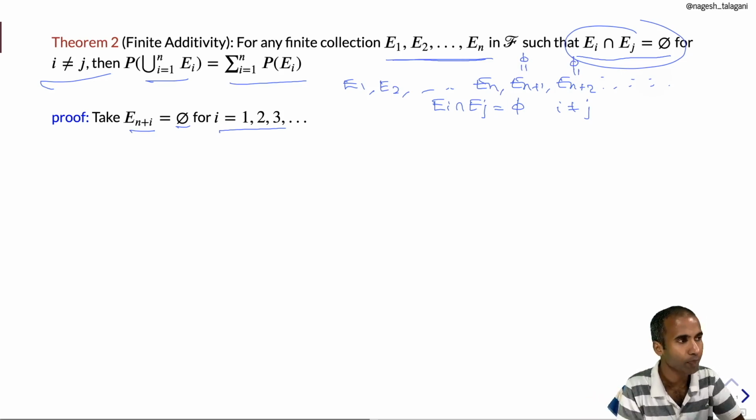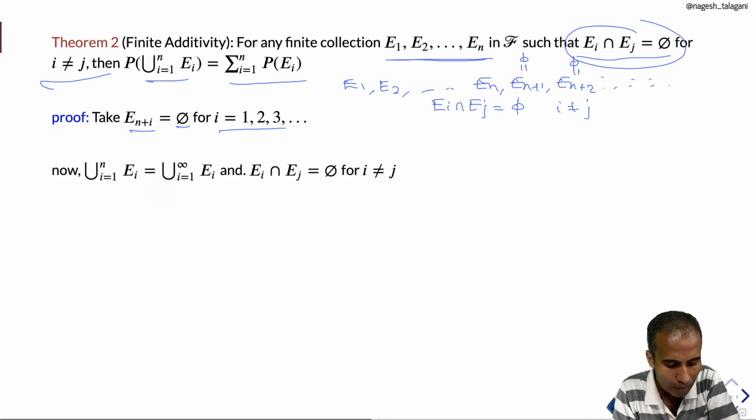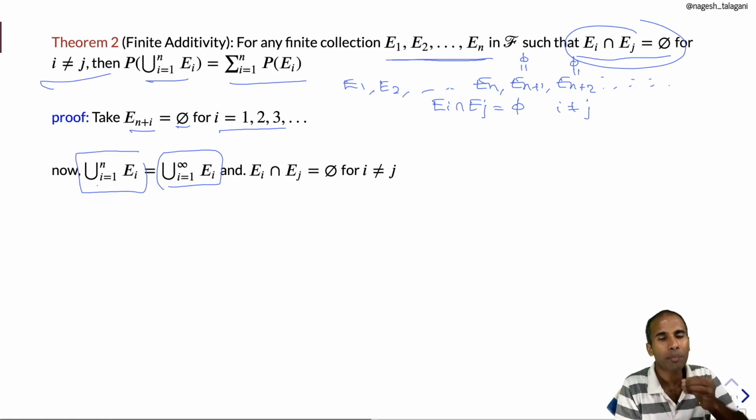Now this countable union i equal to 1 to infinity of Ei will still be the same as the finite union i equal to 1 to n of Ei, because from n plus 1 onwards all events are empty. These empty events will not contribute anything to the union because they have nothing.